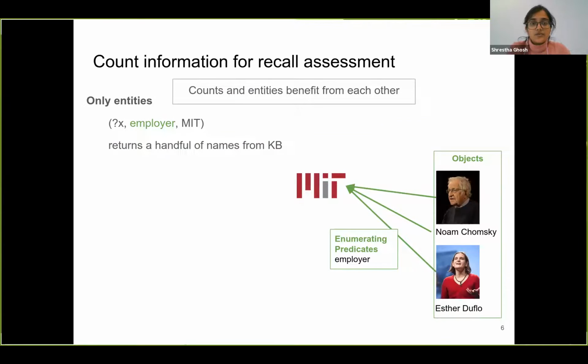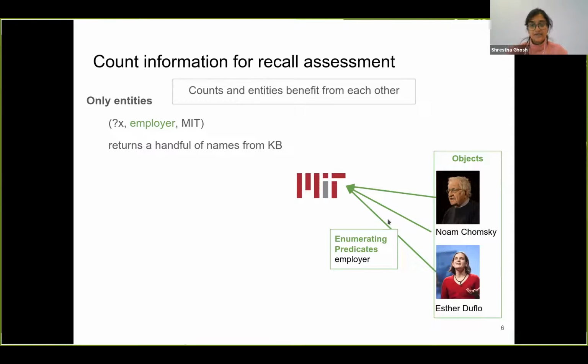Counts and entities benefit from each other. Take, for example, this query, where you're looking for everybody who's employed by MIT. If you ask a knowledge base, it would return only a handful of names. So here we just have, say, 2 entities.